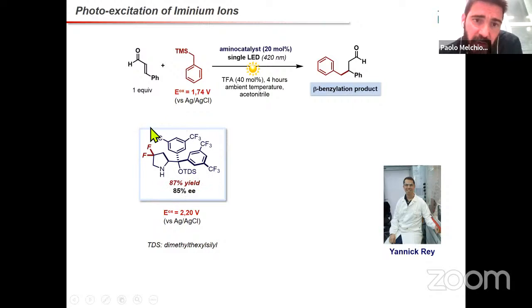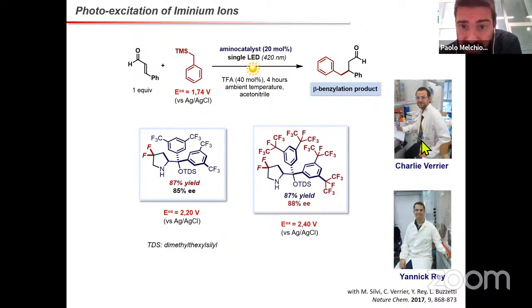This made this compound much more stable, and it could perform catalysis in a much better way in terms of chemical yield and enantioselectivity. We also tried to increase the level of enantioselectivity by modifying the steric hindrance of the catalyst, but you see, we put, I don't know how many fluorine atoms just to get a couple of points more of enantioselectivity. So this is the catalyst of choice in our enantioselective photochemical process with iminium ions.